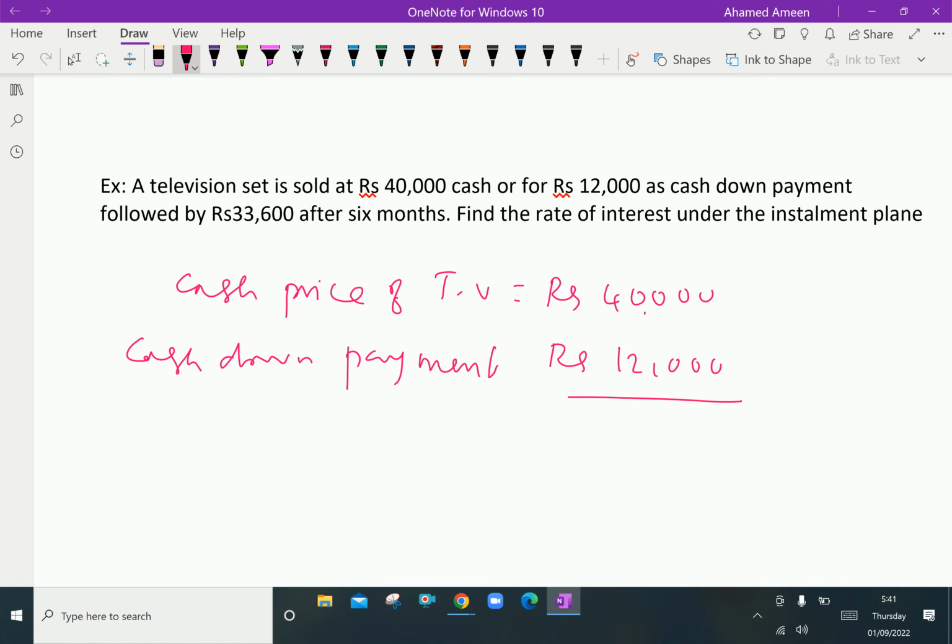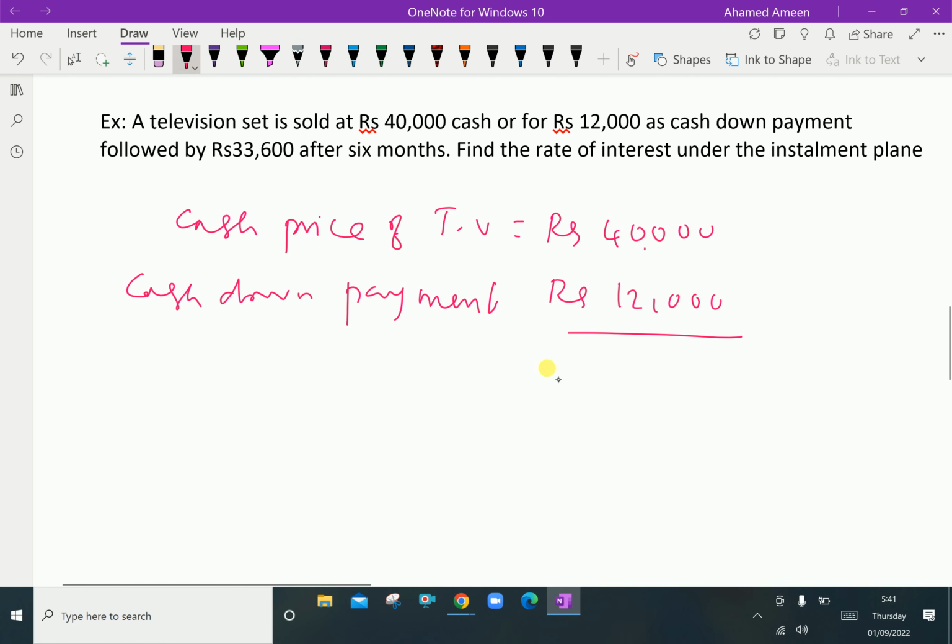Then the balance amount to be paid is the subtraction, 40,000 minus 12,000, which is ₹28,000.